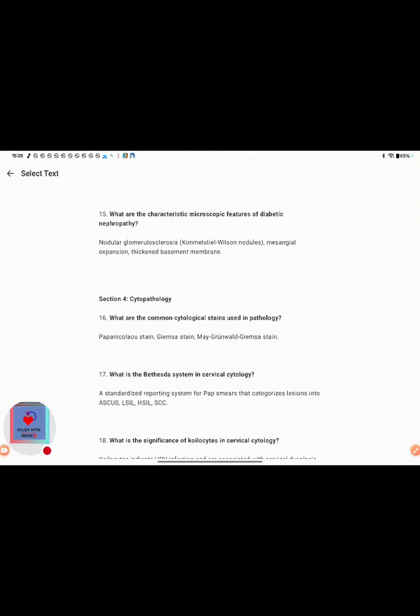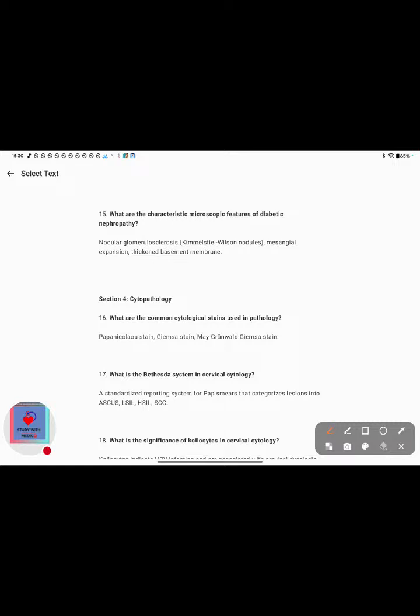What are the characteristic microscopic features of diabetic nephropathy? Nephro means nephrons, meaning kidney. In diabetic nephropathy you will find nodular glomerulosclerosis, Kimmelstiel-Wilson nodules, mesangial expansion, and thickened basement membrane.